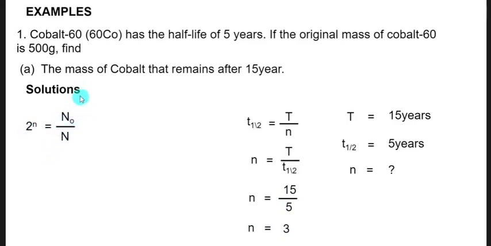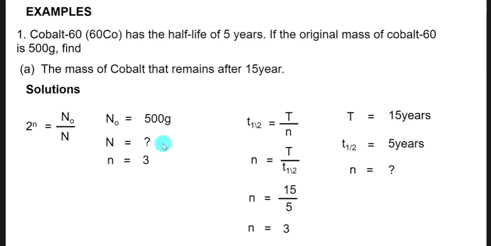So now we want to find the mass of cobalt that remains. We have known n now. Its original amount, if the original mass of cobalt 60 is 500, so here it's 500. Then this one, the mass of cobalt that remains after 15 years, we don't know it, but we have found n is equal to 3. So again we'll make the amount remaining the subject of the formula.